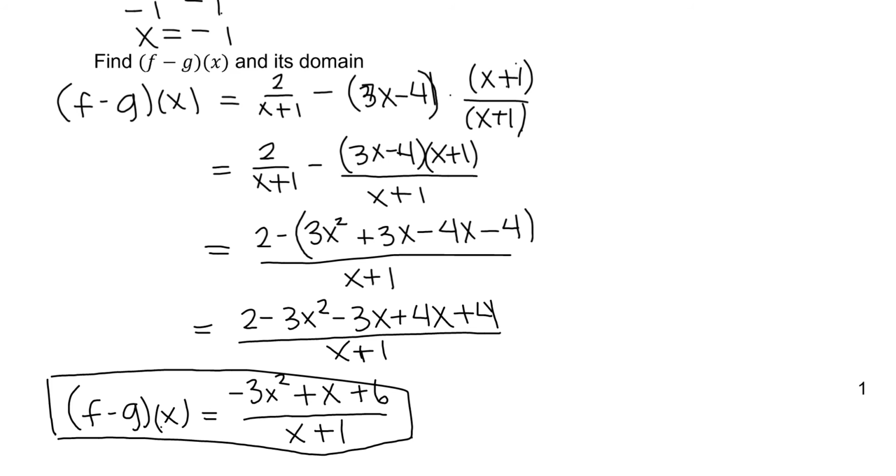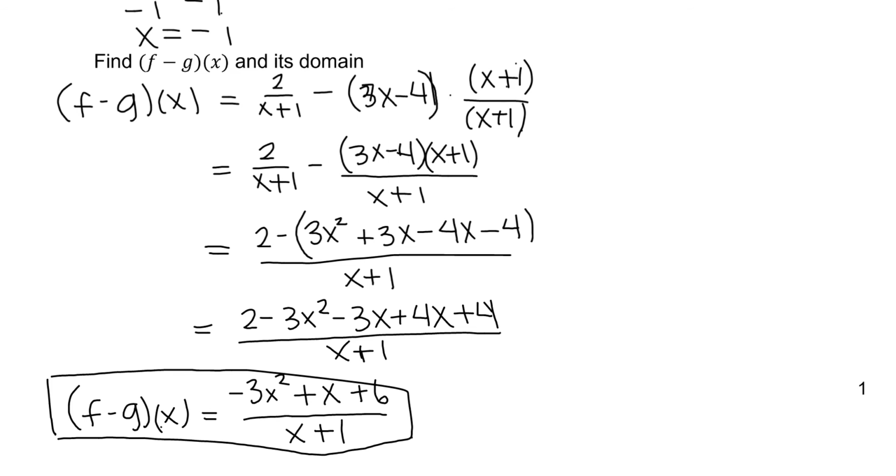Now I want to identify the domain of this function, negative 3x squared plus x plus 6 over x plus 1. So I need to identify its parent function. I've got variables in the numerator and denominator, but because there's a variable in the denominator, its parent function is my rational function. So just like when we're finding the domain of f of x, I have to figure out when the denominator is 0.